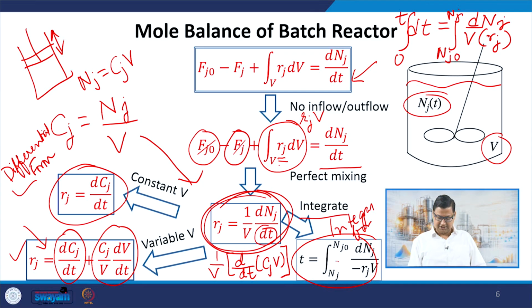But in this case, you see the limits are defined in an opposite manner, and therefore I have plugged in a minus sign there, right. The reason I am doing that is because for the reactants, Nj naught is bigger than Nj, and therefore, as a matter of convention, I integrate from Nj to Nj naught as opposed to Nj naught to Nj, because Nj naught is a bigger number for the reactants.